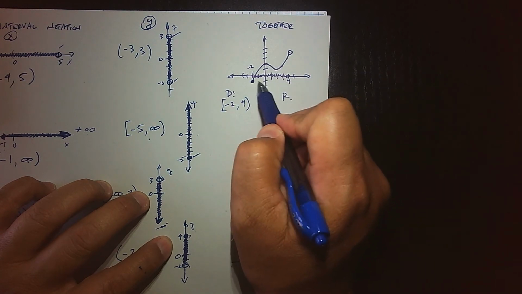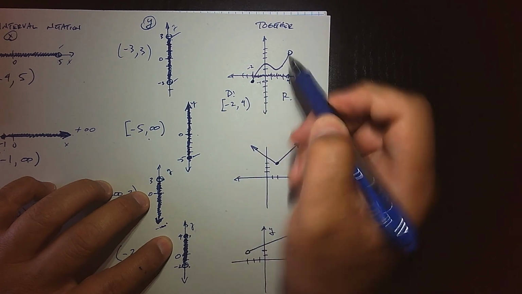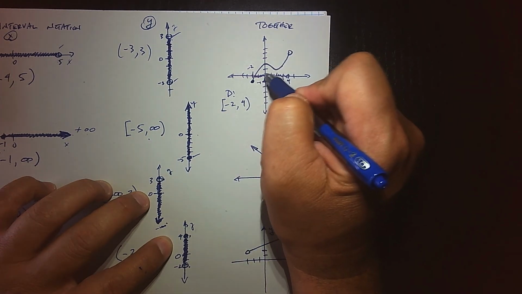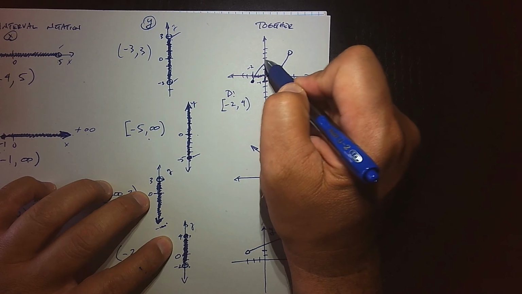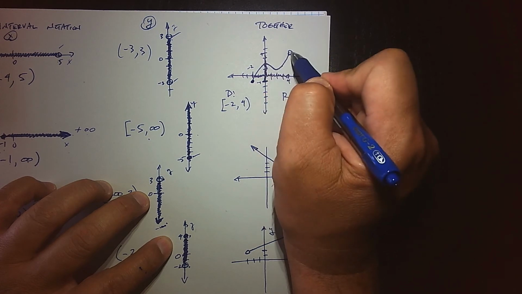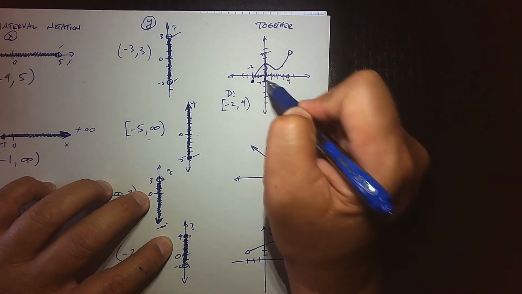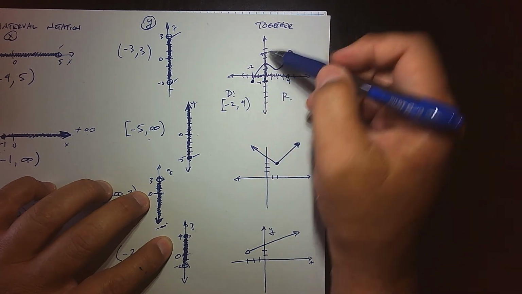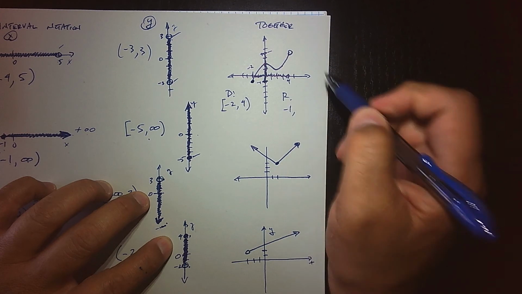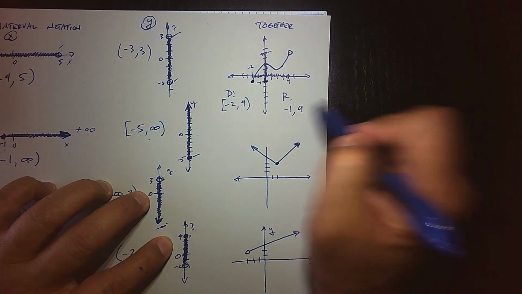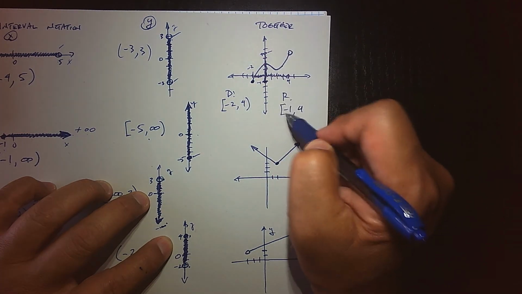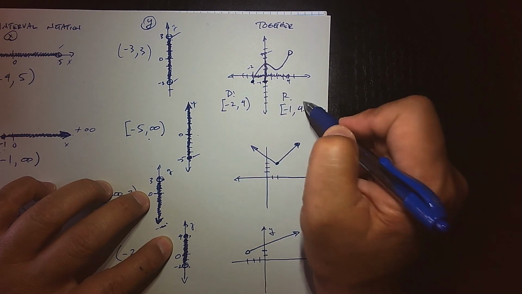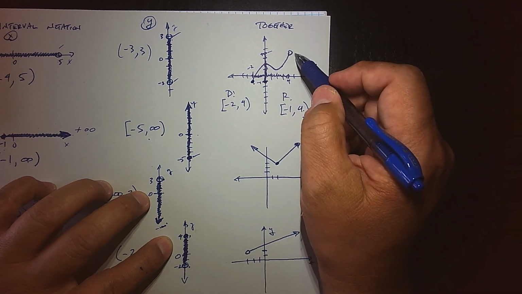The lowest point seems to be about -1, and all y values are being created all the way up to 4. What bounds us below is -1, and what bounds us above is 4. -1 is closed because of the dot, and +4 is open because of the open circle.